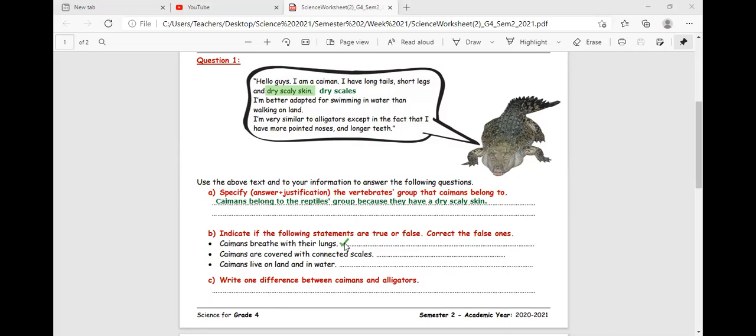Caimans are covered with connected scales. True. False. Caimans live on land and in water. True. Well done. Excellent. Yalla, mute again.